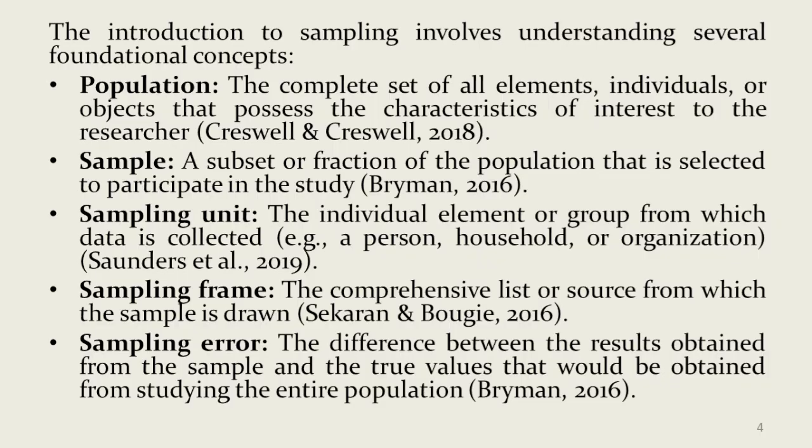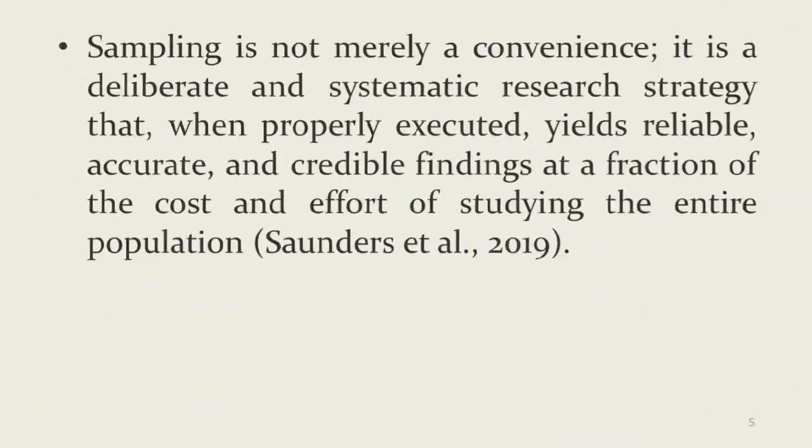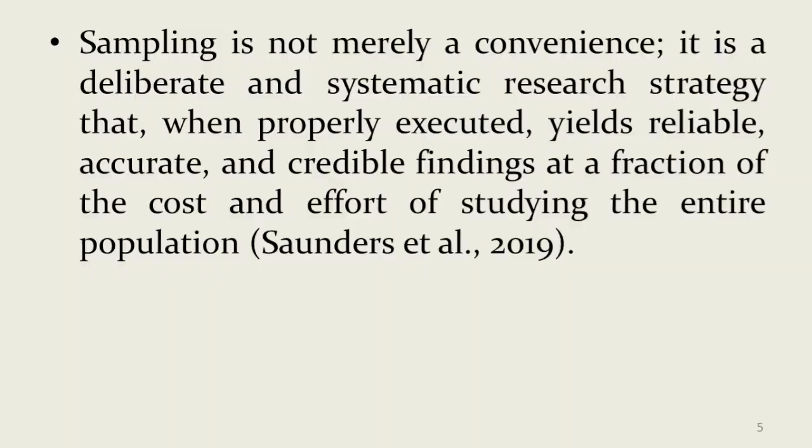Sampling error is the difference between results obtained from the sample and the true values that would be obtained from studying the entire population. So that difference is what we call sampling error. Sampling is not merely a convenience.